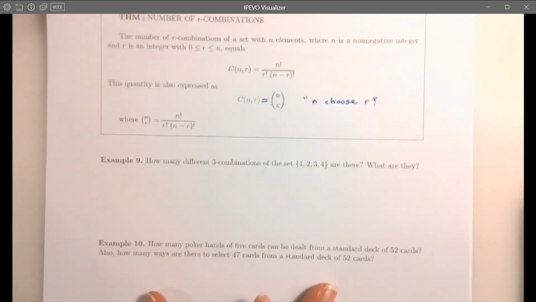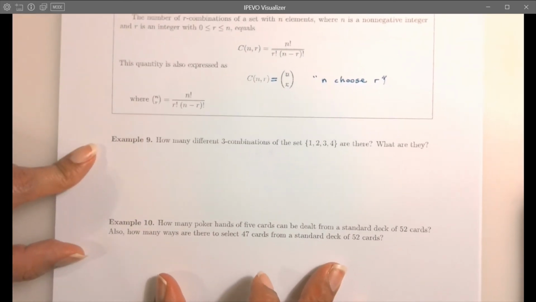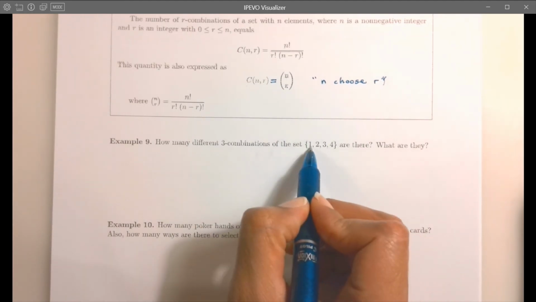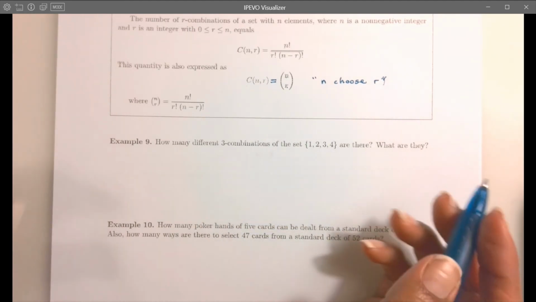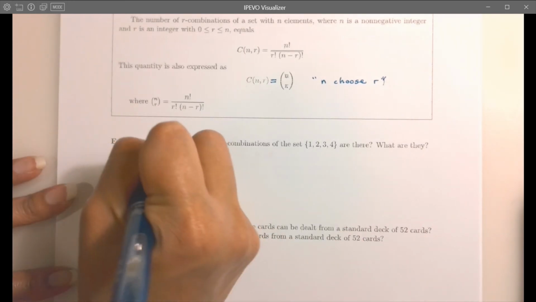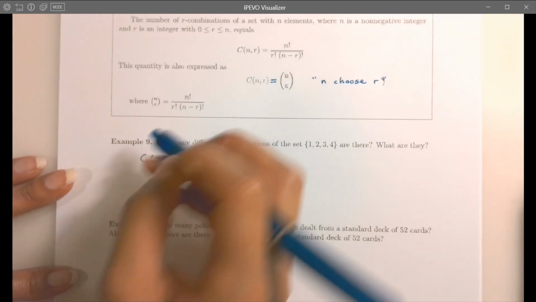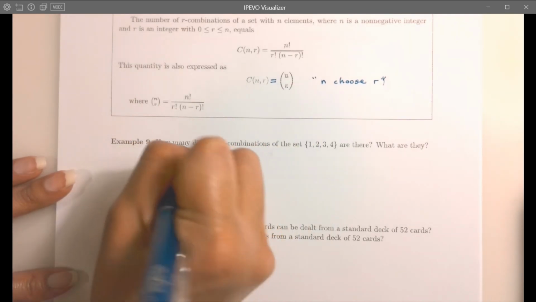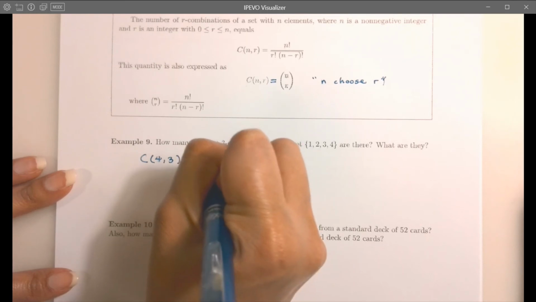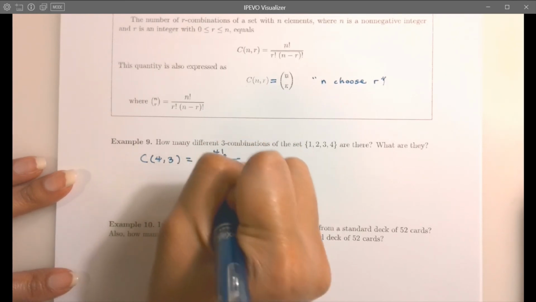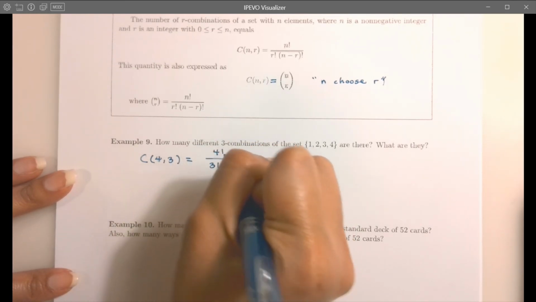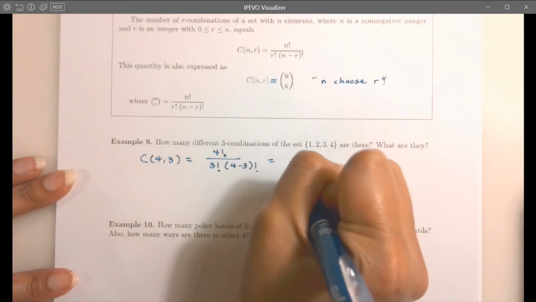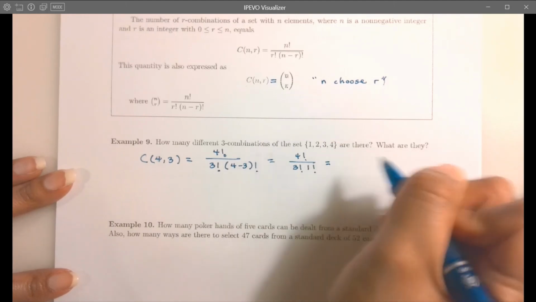So let's try to apply that formula now to example number 9. How many different 3 combinations of the set 1, 2, 3, 4 are there, and what are they? So we have 4 choose 3, which is going to be 4 factorial divided by 3 factorial times 4 minus 3 factorial, or in other words, 4 factorial over 3 factorial times 1 factorial.